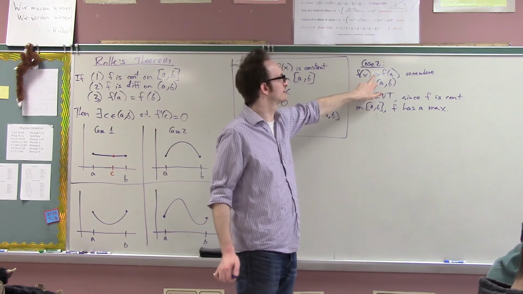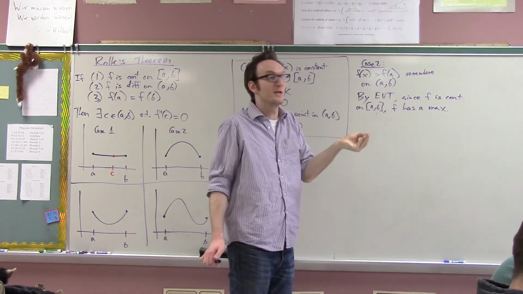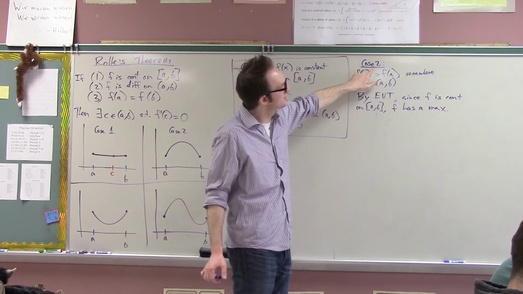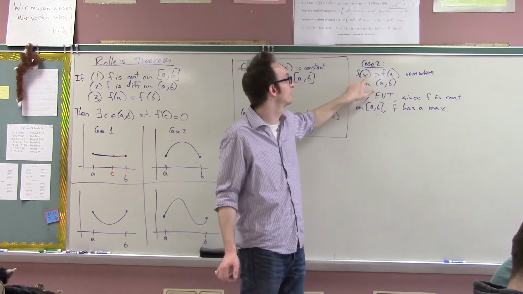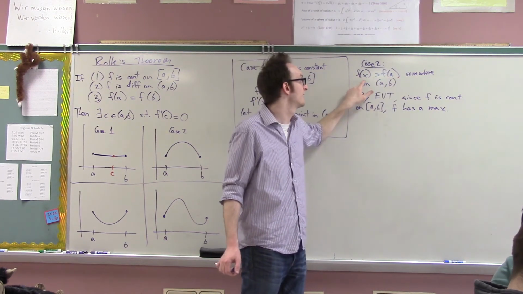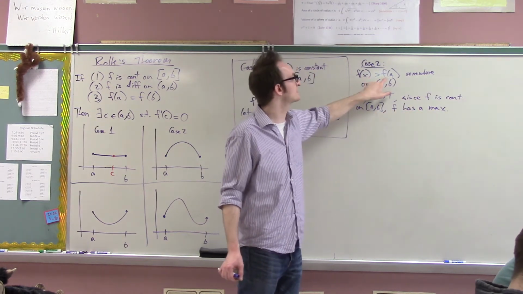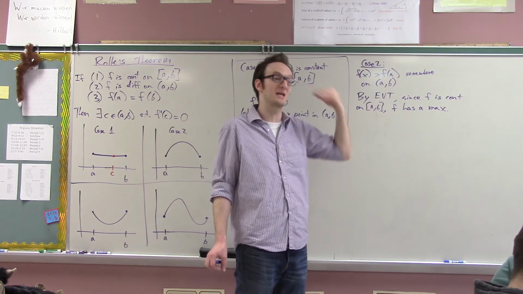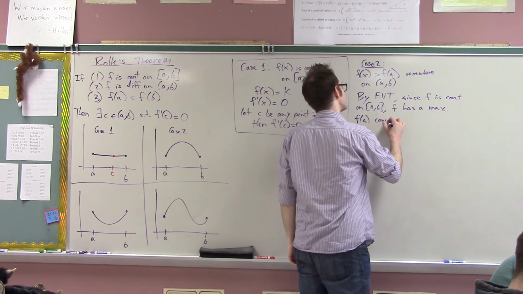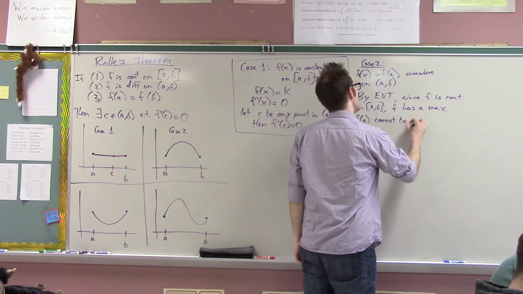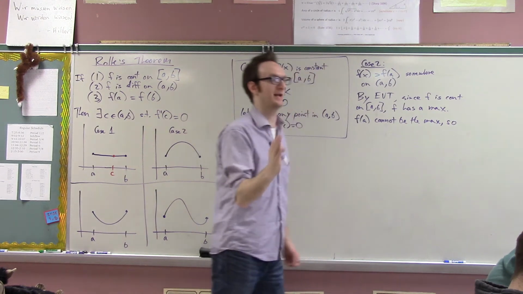Maybe I should just do the proof instead of asking you guys weird questions. The function is bigger than f of a somewhere, right? So since the whole nature of case 2 is that f of a cannot possibly be the max, because I'm assuming that somewhere the function is larger than f of a. So by the extreme value theorem, it must have a max, and since f of x is bigger than f of a somewhere, the endpoint cannot be the max, right? f of a cannot be the max, so what can I conclude?